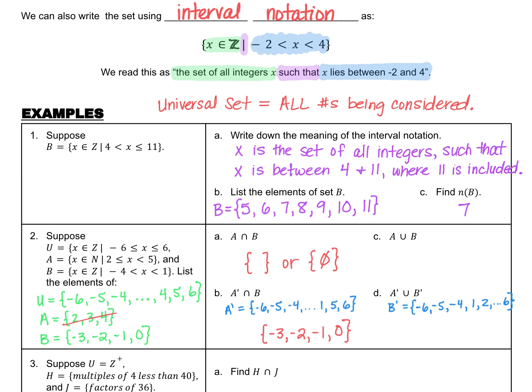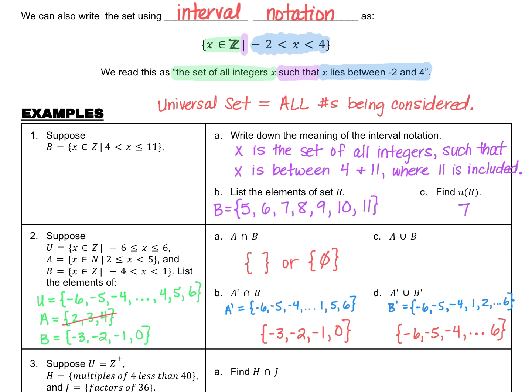So basically, the union is going to be all of my numbers inside of the universal set. So if I say -6, -5, -4, and it's going to continue all the way to 6, that is going to be D.